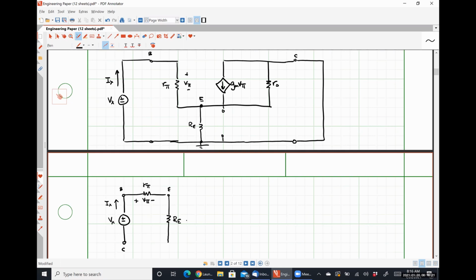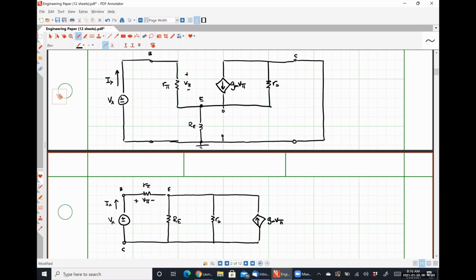Between the emitter and the collector terminal, we have a resistance R naught. And between the emitter and the collector terminal, we have our dependent current source. And I argue that the current should be flowing up from the collector to the emitter node. And here we have gm V pi.